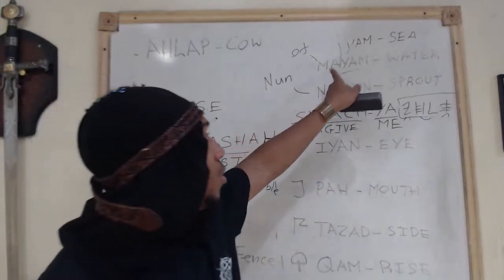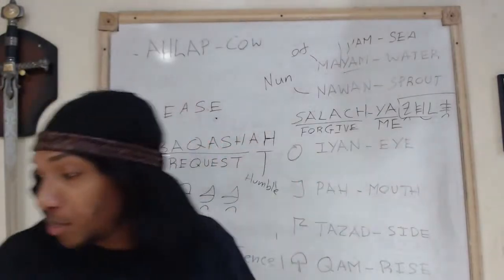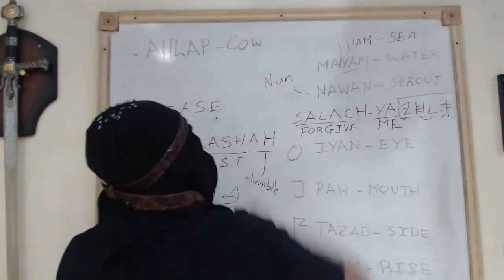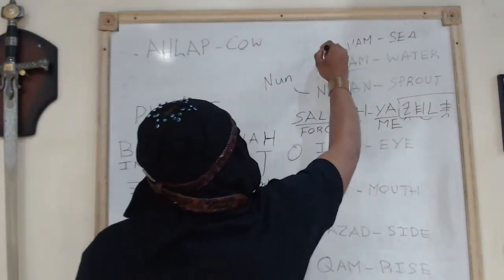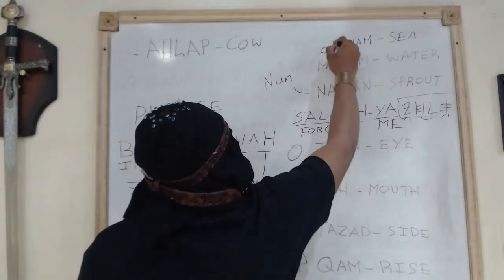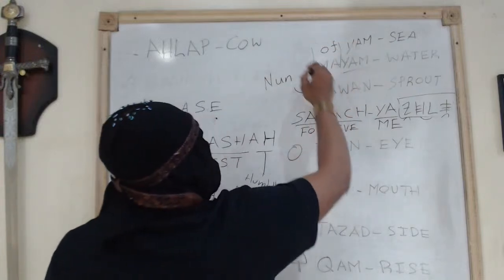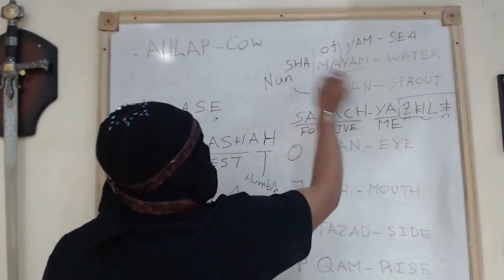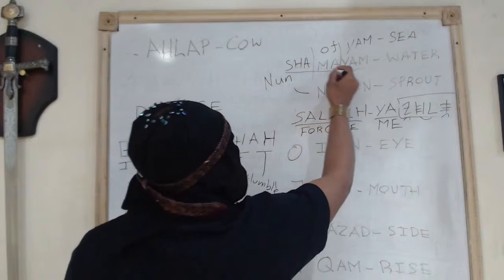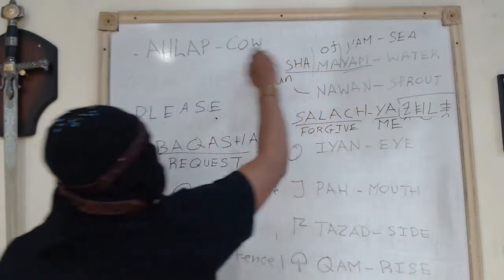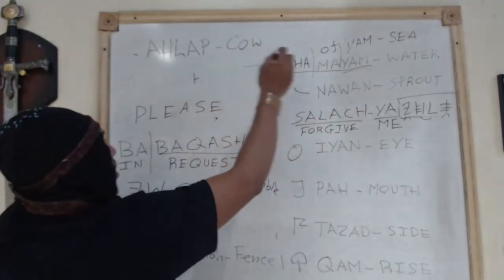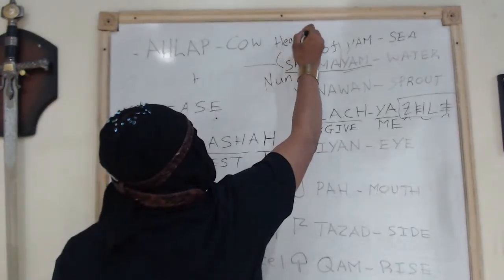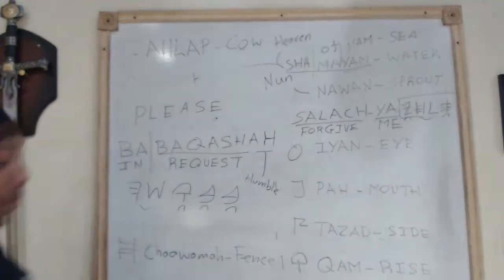If I add a Sha on the front, we're going to have Shamayim. Put Ma, meaning of, right here, and if I put a Sha right there, Shamayim together equals heaven.